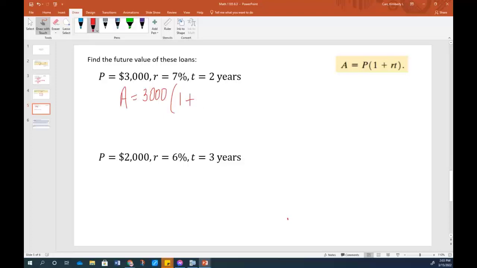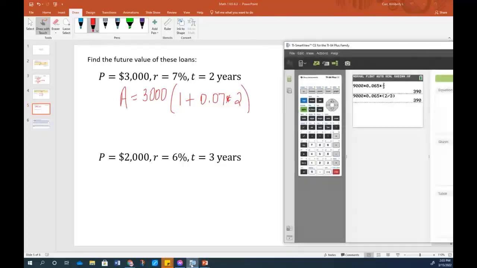Don't forget that the rate needs to be a decimal, so you've got to move that decimal over 2 places to the left, and then times 2, and that is in years.